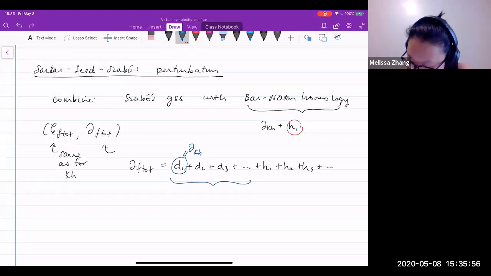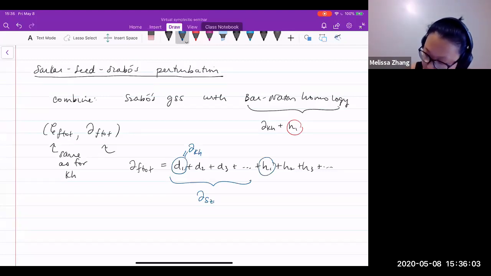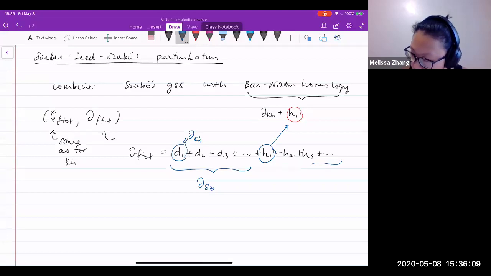All the D's together are the differentials from Szabó's geometric spectral sequence. H1 is this guy right here. It's the Bar-Natan deformation. And then these Hi's above H1 are going to be differentials that have the same flavor as Bar-Natan's deformation.